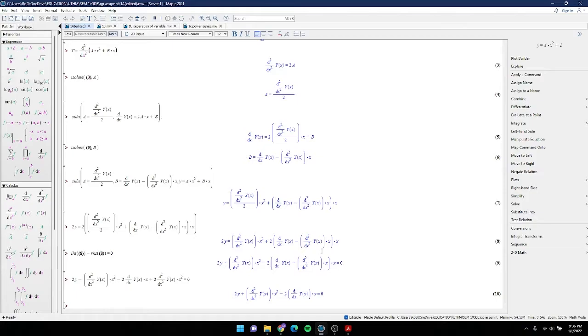And then you move to the left hand side, and then you get 2y minus y double prime x squared minus 2 times y prime minus y double prime x times x, and then you expand the negative 2 times y prime minus y double prime x times x.